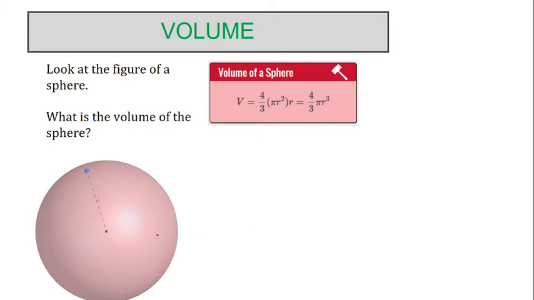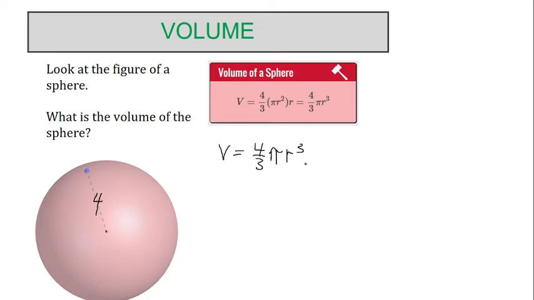All right, so let's calculate the volume of this sphere. It may be a little hard to see on your screen, but it's indicating that the radius is 4. So the volume is equal to 4/3 pi times the radius cubed. Then go ahead and plug in what we know.